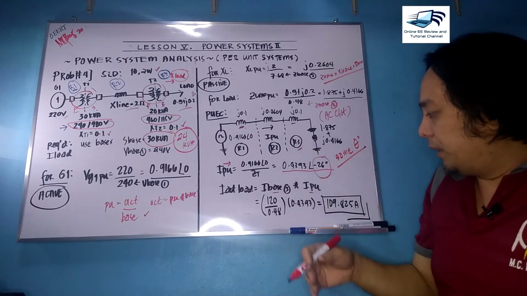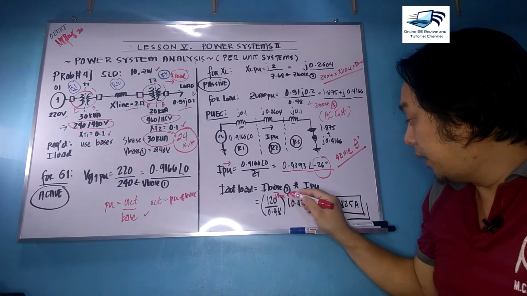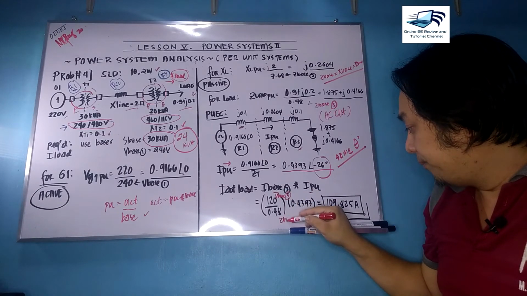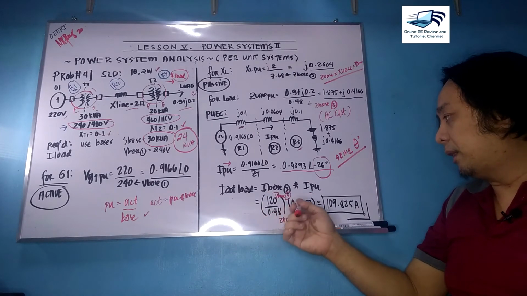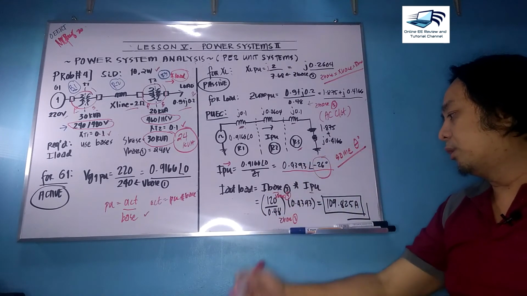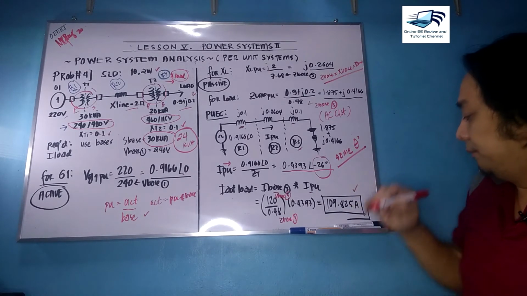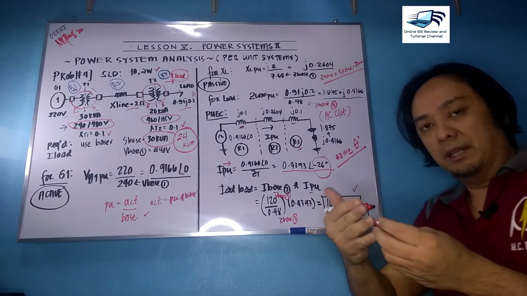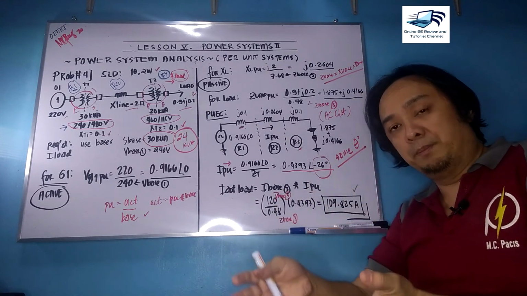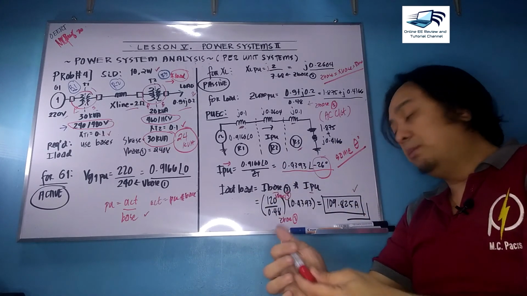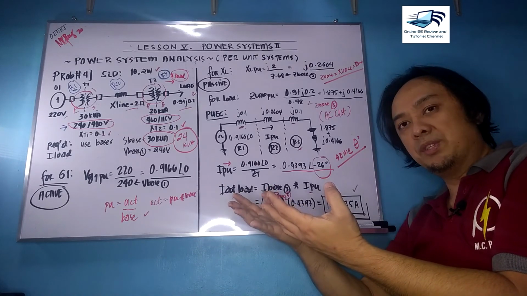Based on the base computations, we have V base 3 divided by Z base 3: 120 over 0.48 times the magnitude only of your per unit current, 0.4393. We have obtained the value of 109.825. Hopefully, this helps you technically in solving per unit problems, especially considering a power system.